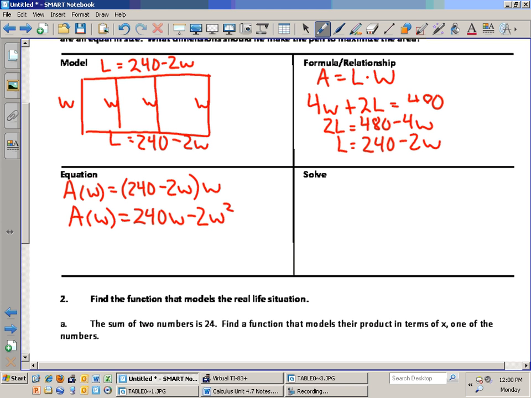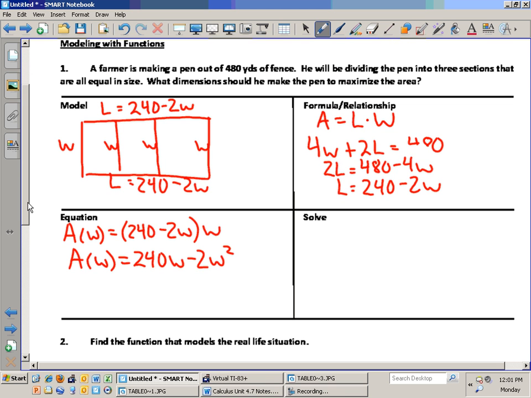Now, let's see how easy that is to solve. Notice right away from the outset that we are asked to maximize the area. Well, that sounds like a kind of challenging problem. What dimension should I make it so as to make that true?